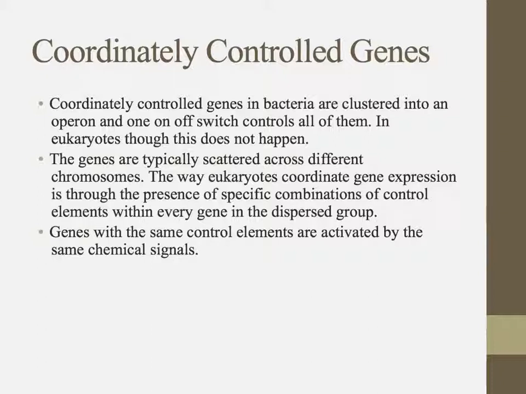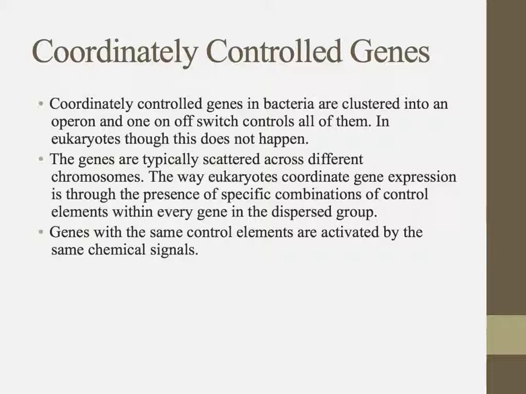One analogy you can look at for this is the mailman in your neighborhood. For outgoing mail, everyone is supposed to put up the little red flag saying, "I have outgoing mail" to the mailman. So he checks that and takes it with him. That little flag, all of the mailboxes would be all the genes, and every one that has the flag up would be every single gene in that dispersed group.